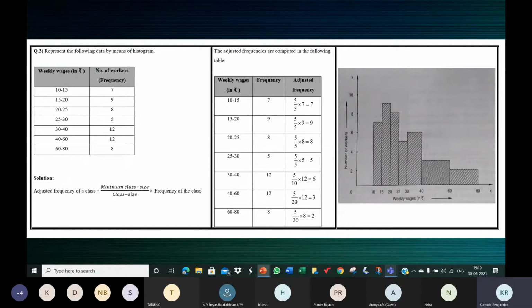The minimum class size is 5. So that will come here, divided by the actual class size of that class interval, into the frequency of that class interval, will give you the new frequency.